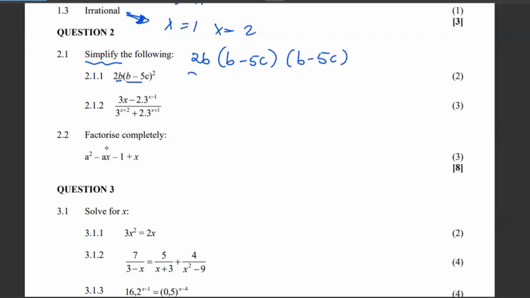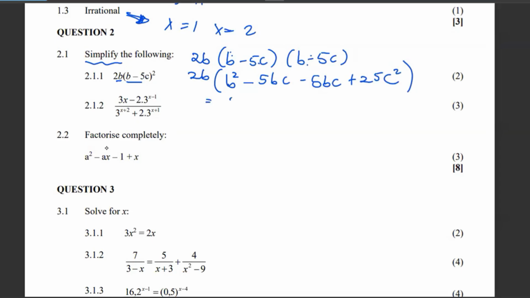Let me open it bit by bit. So 2b, I know that this and that's going to be b squared, minus, and the 5 is going to be minus 5bc. And then this and that, minus 5bc, that and that's going to be 25c squared. Then I'll open it up using the 2b again, and then I'll later simplify.